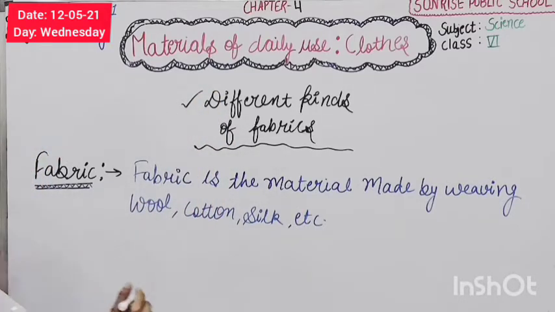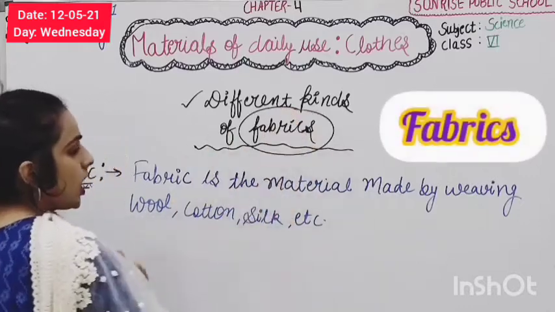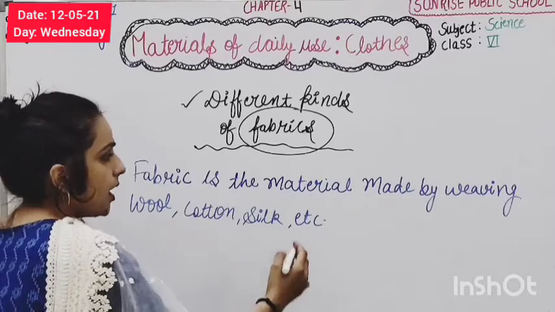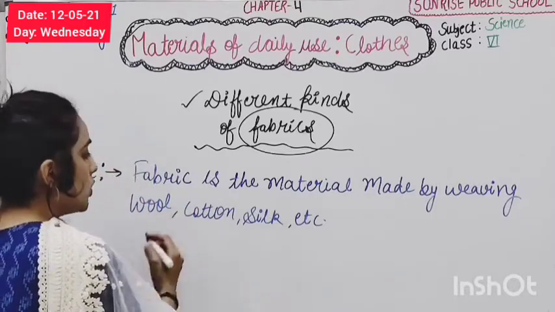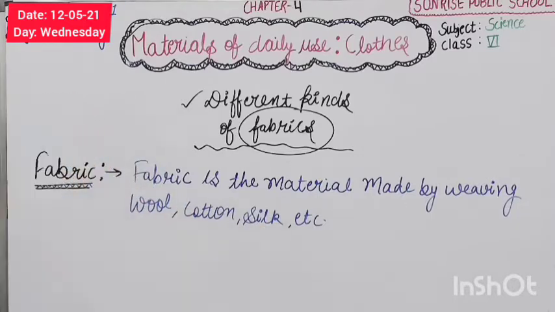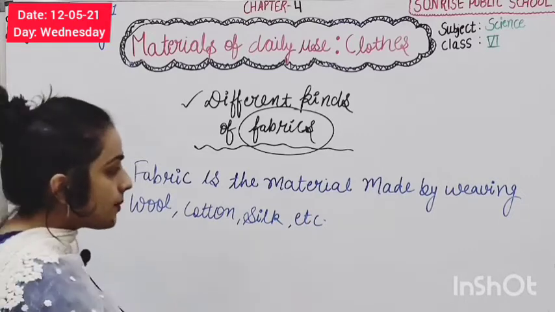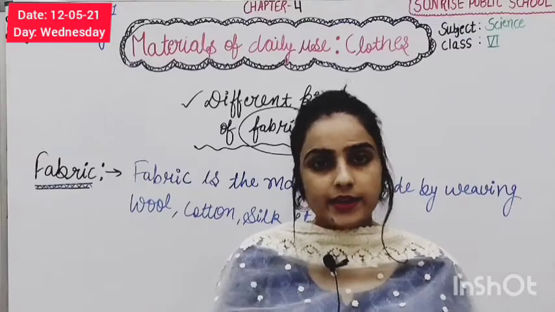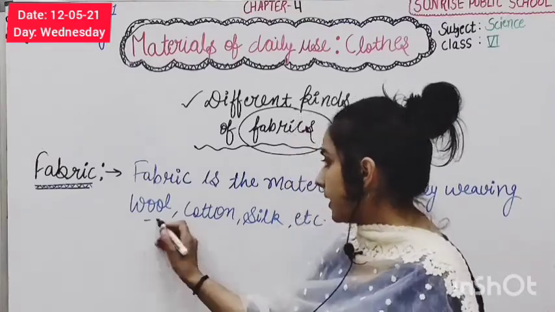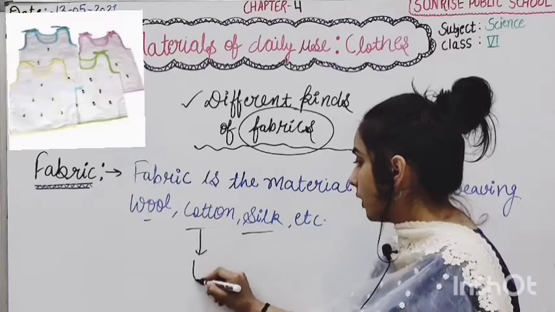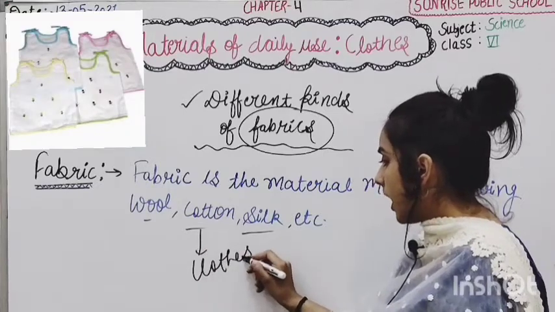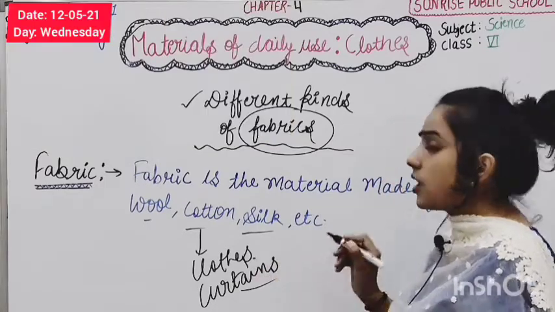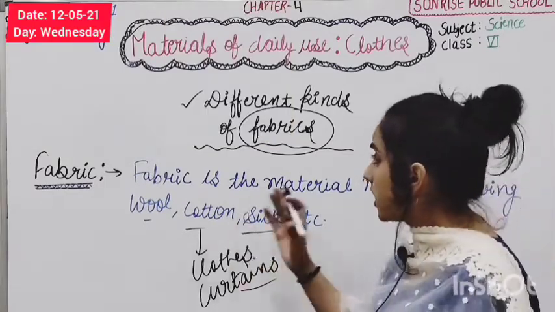First of all, you should know the meaning of fabrics. What do you mean by fabrics? Fabric is the material made by weaving wool, cotton, silk, etc. And these fabrics are used to make clothes and curtains, etc. Many more things are made from these fabrics.